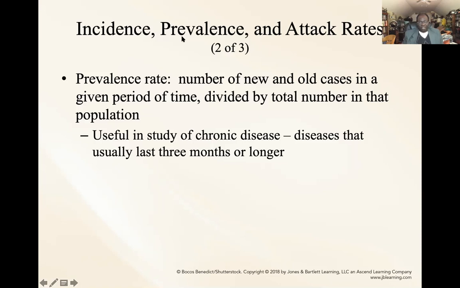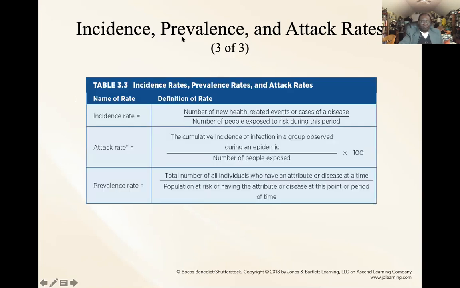It is useful in the study of chronic diseases, which usually last 3 months or longer. When you talk of chronic diseases, the symptoms last for about 3 months or longer.